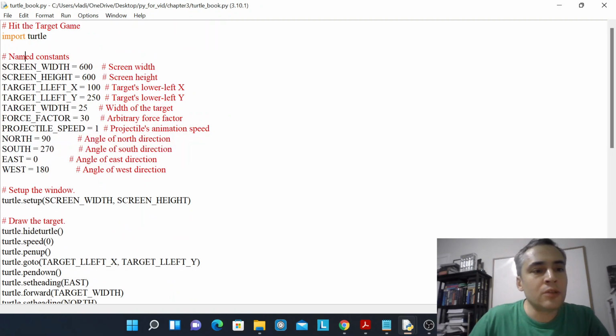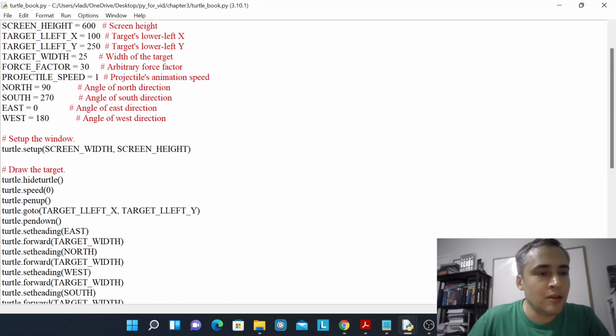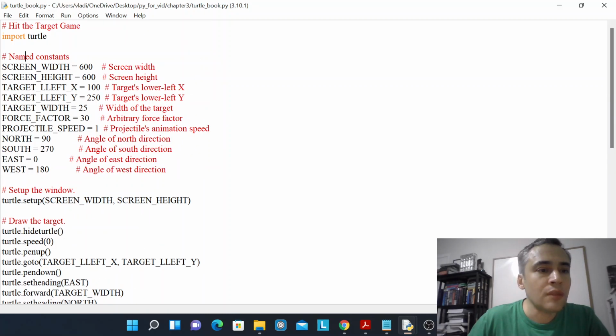We can quickly run through it and understand what is good style of programming, even for such basic code. So first of all, we have to import turtle.